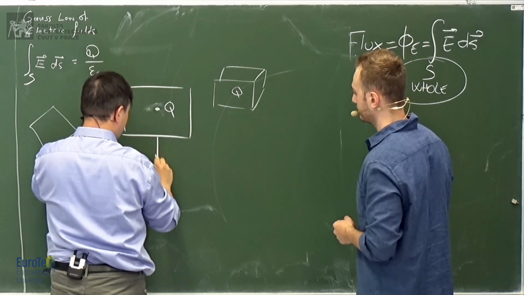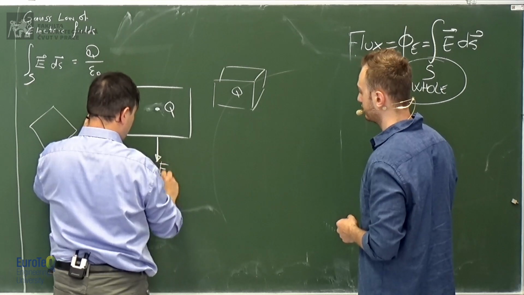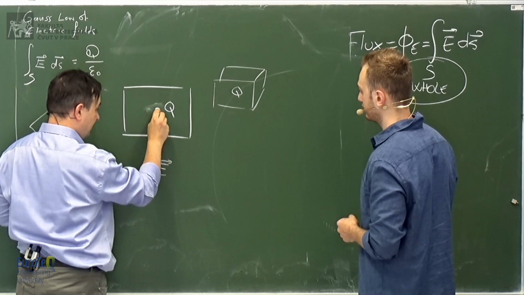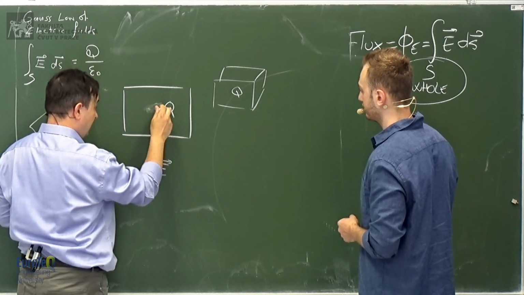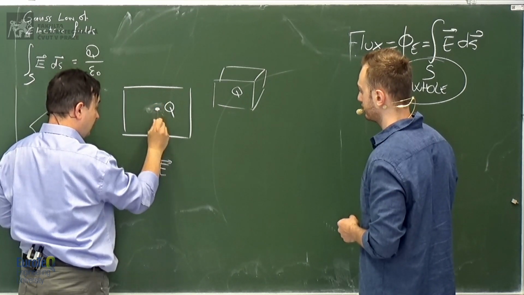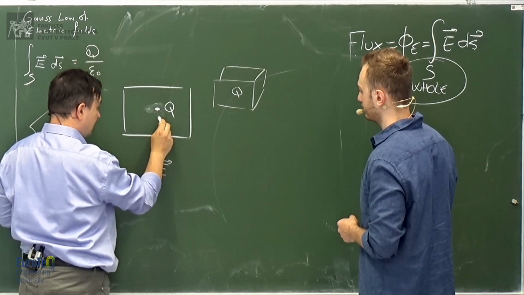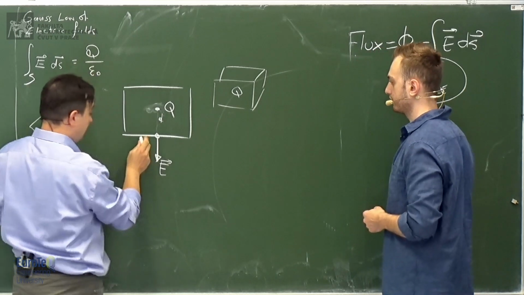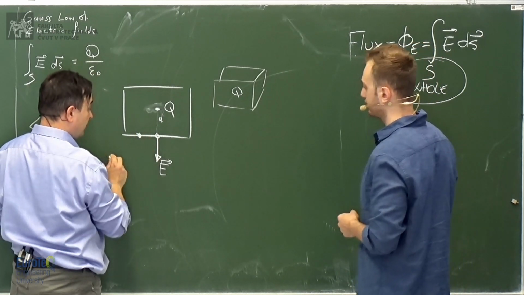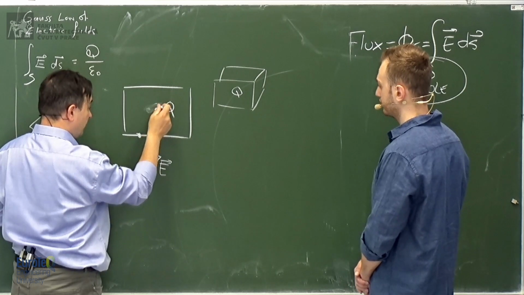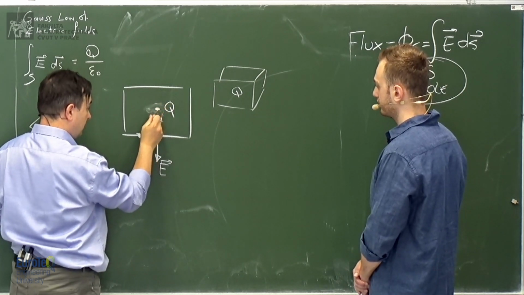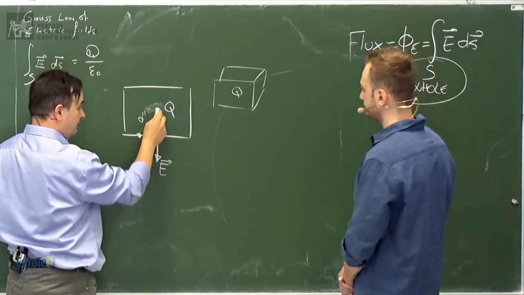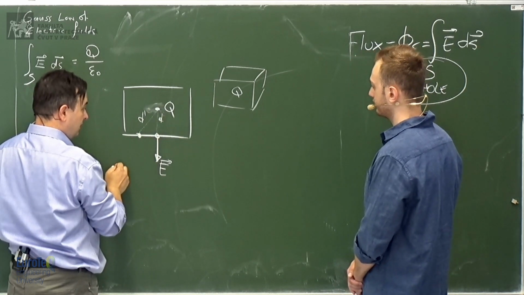You have to take here the field in this direction, and at this point the field has, I don't know, distance d. Then for this point, for instance, you have to calculate d prime, which is this direction.